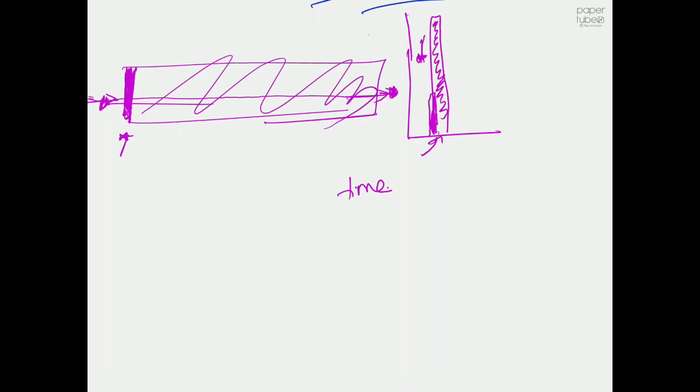We don't have to mention whether it's in grams per liter or not. If the peak is high, it means the concentration is high, so we can call it arbitrary units on the y-axis. And then at time 1.3, again some small concentration, and then nothing will happen after that.